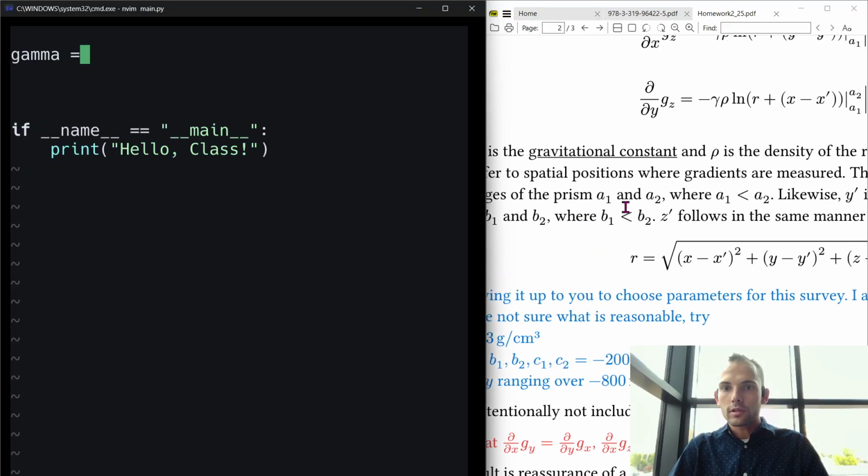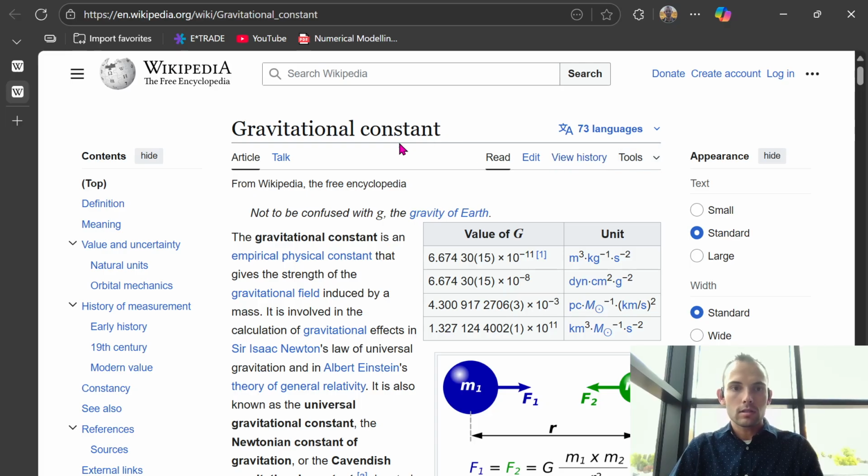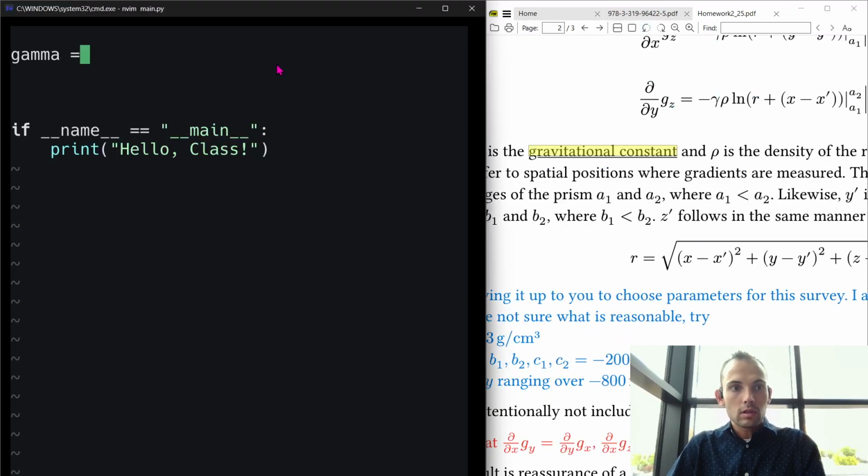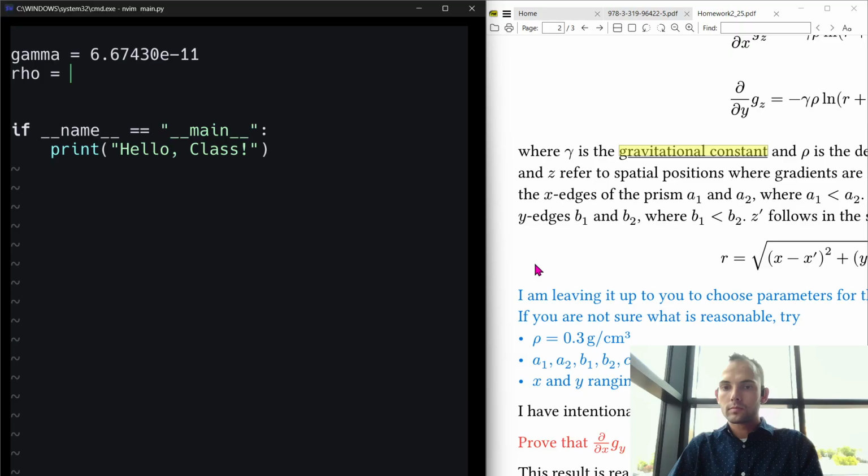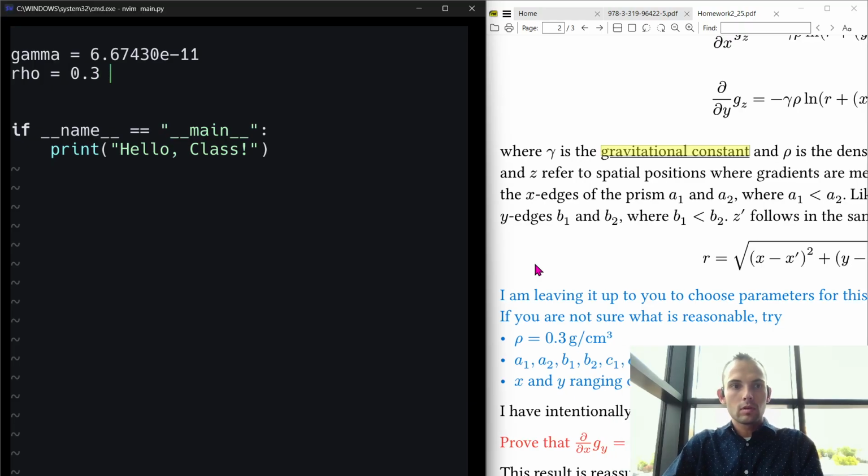First things first, I just want to get these constants correct. I'm going to take the value in the SI unit system because I just want to be consistent. Rho, let's just set it to 0.3 grams per cubic centimeter.